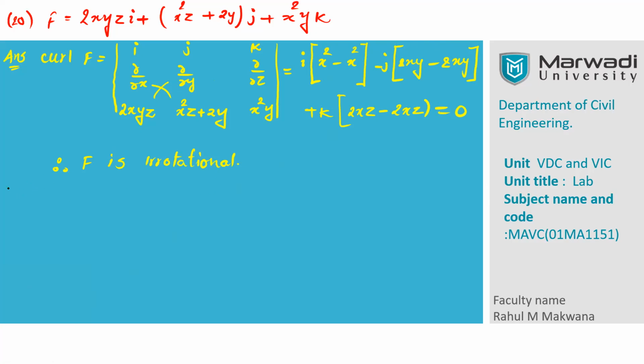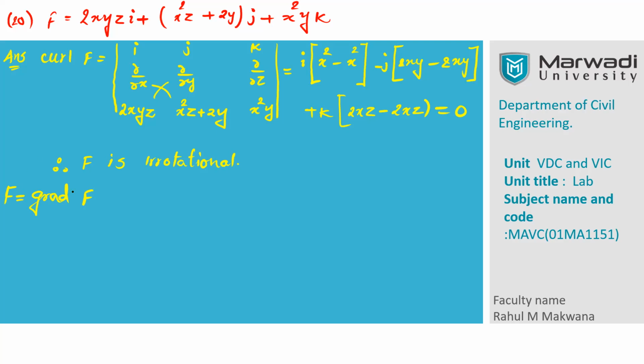If any vector is irrotational, that vector is equals to the gradient of phi. Vector is equals to gradient. This is the formula.